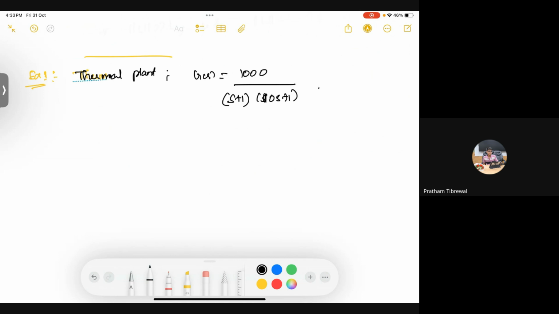Where I'm having R of T equal to a ramp of slope 30 degrees Celsius per second from T equal to 0 to 30 seconds.